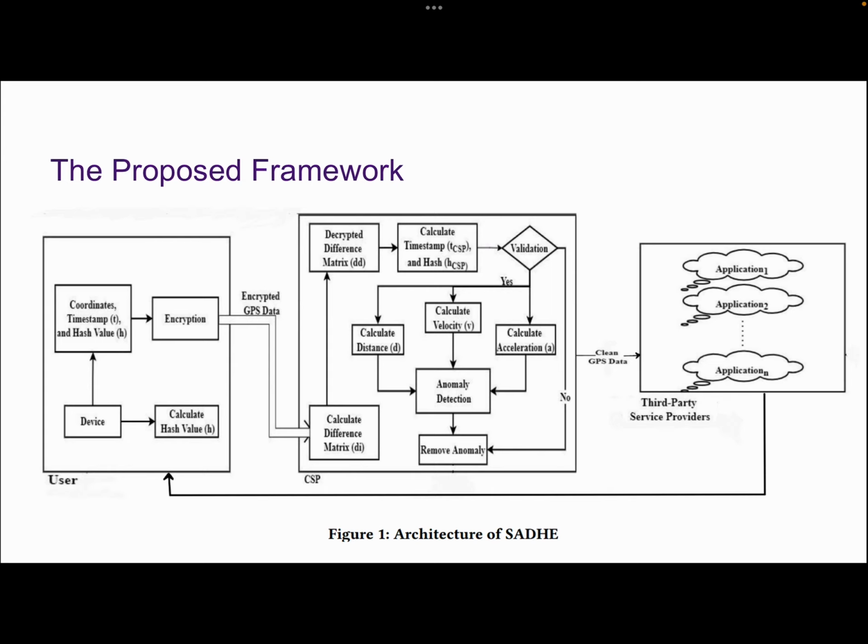We'll discuss that in the next slide. After computing these three parameters, the anomaly points are detected and removed. Further, the cleaned GPS data is sent to the third-party service providers that can use this data for various applications.